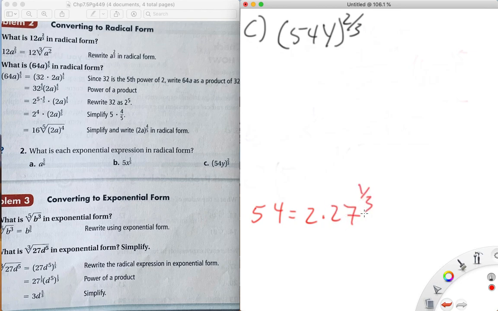Well, there is a cube root for 27, and that's 3.